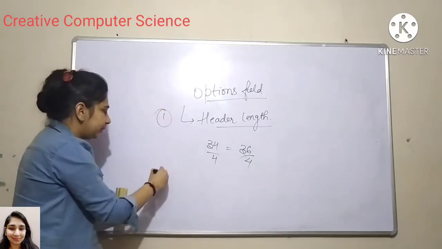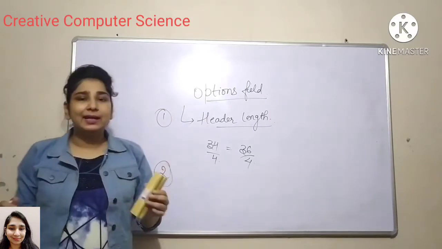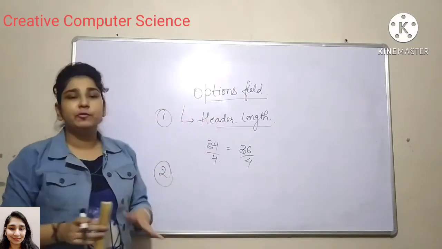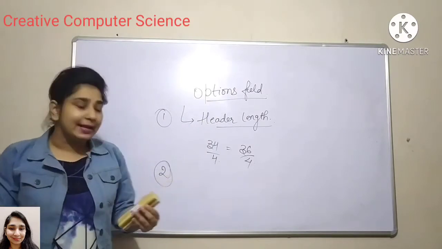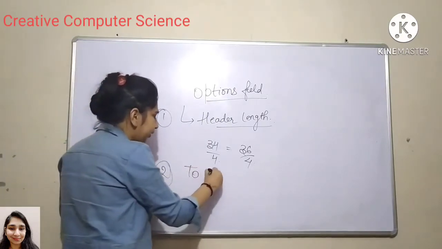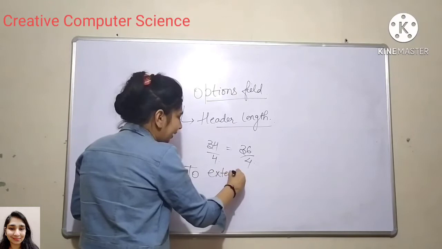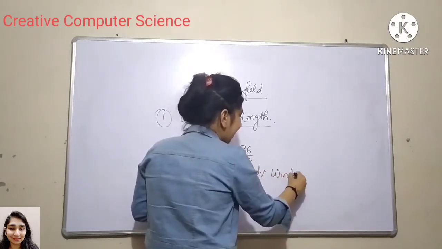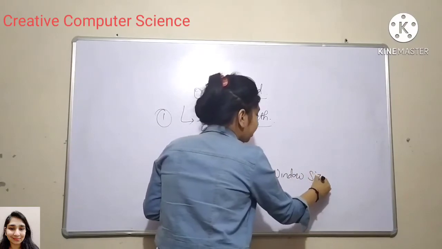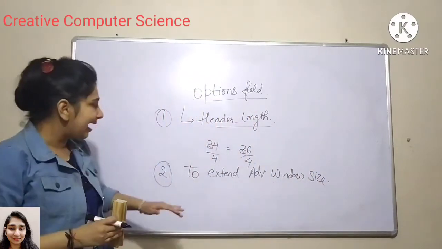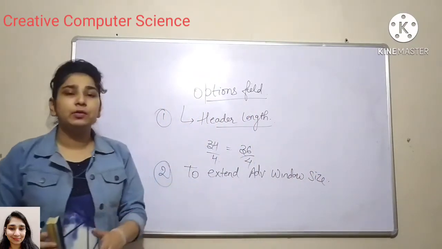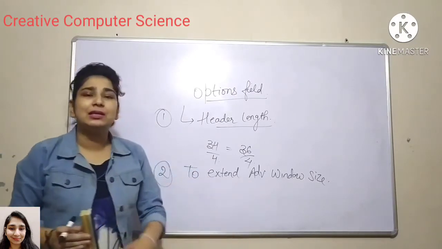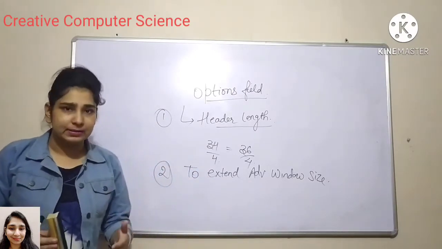The second thing where we can use the options field is to extend the advertisement window size. If you look at it, the advertisement window size is 16 bits.